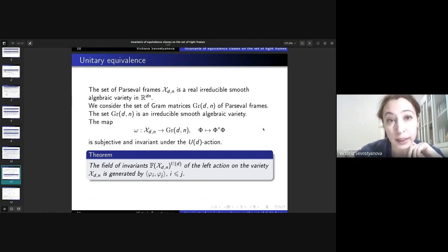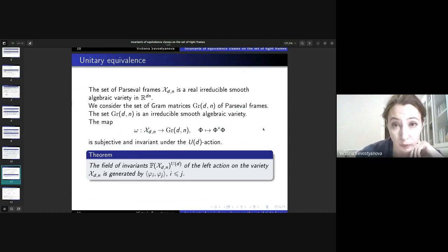So we can continue this action on the Gram matrices of Parseval frames and get that this action on the set of Gram matrices will be transitive too. So the set of Gram matrices of Parseval frames is a smooth algebraic variety too.